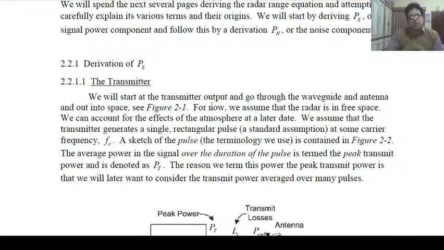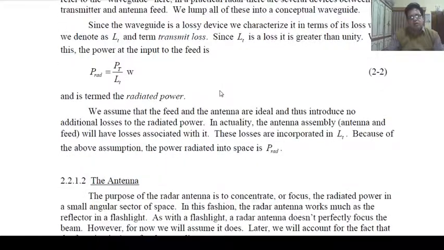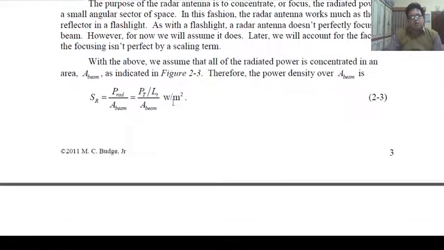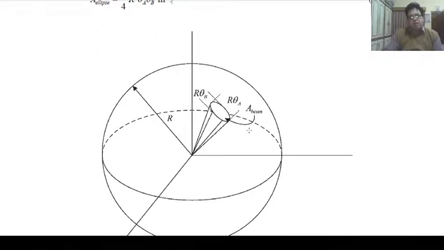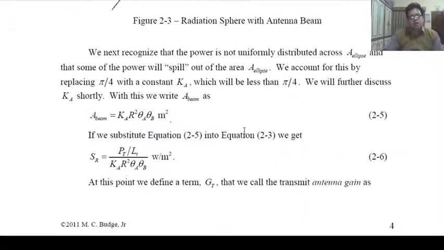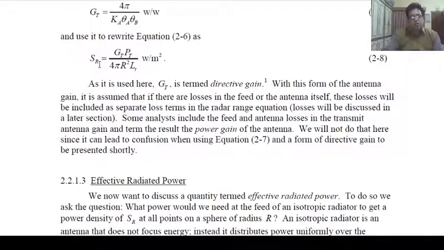First point is the transmitter. We understand how the radiated power expression is derived, what is the role of the antenna, and how S_R is calculated, what the ellipse area is from this figure, and by using these expressions we calculate S_R.